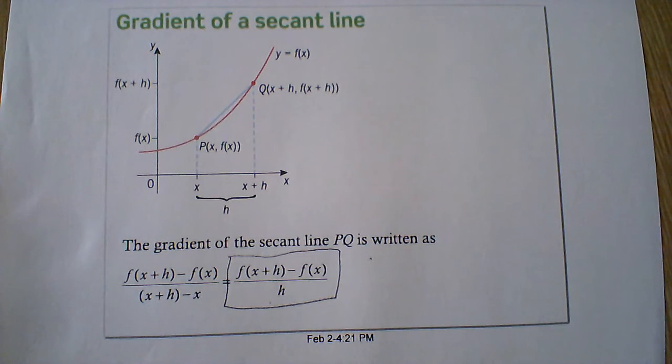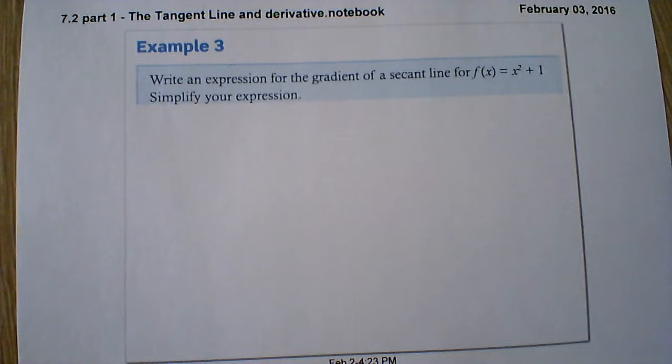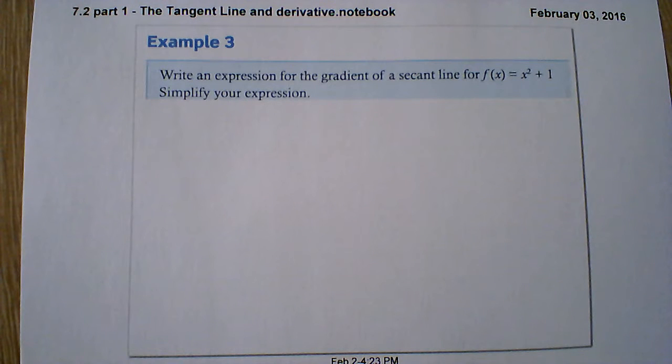All right. So let's practice. All right, so this example says, write an expression for the gradient of a secant line for the following function, x squared plus 1. What type of graph would that be?